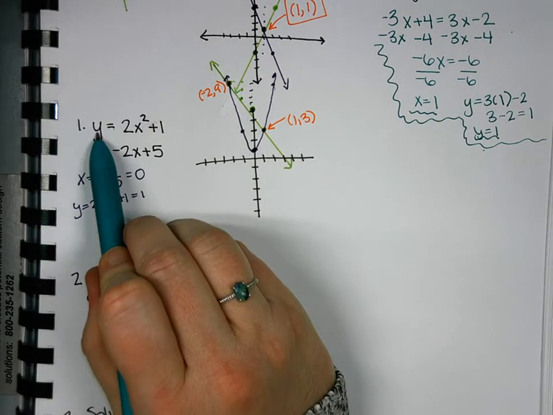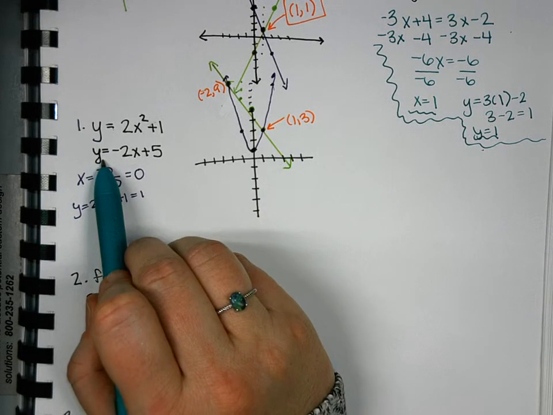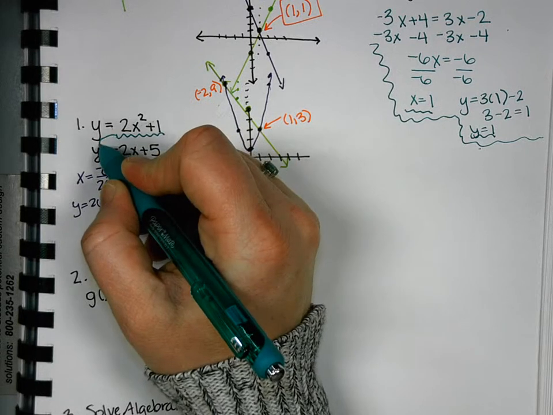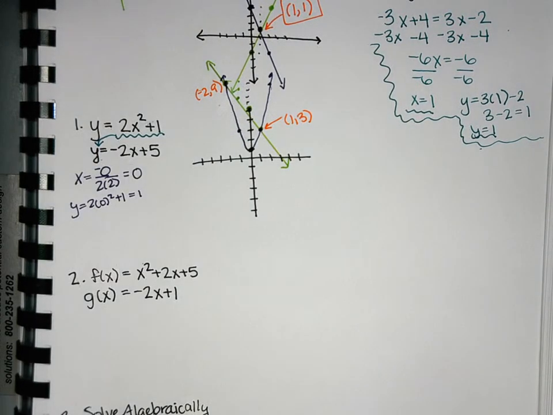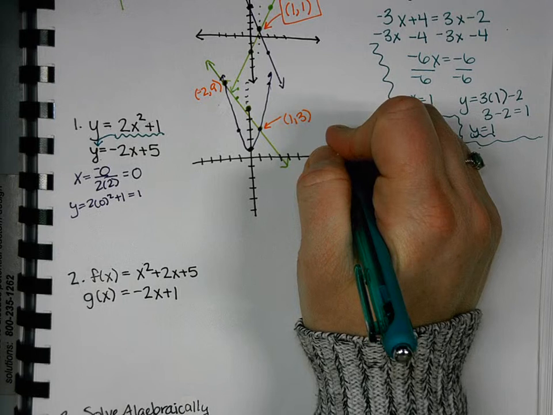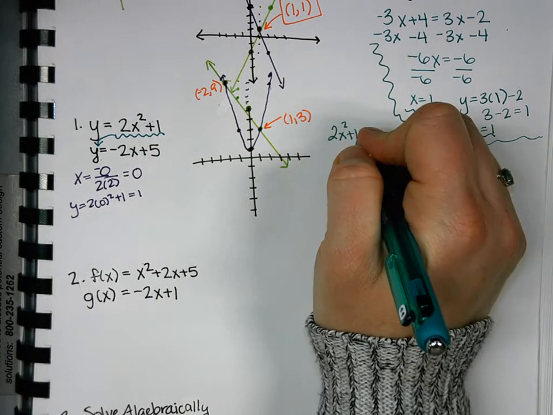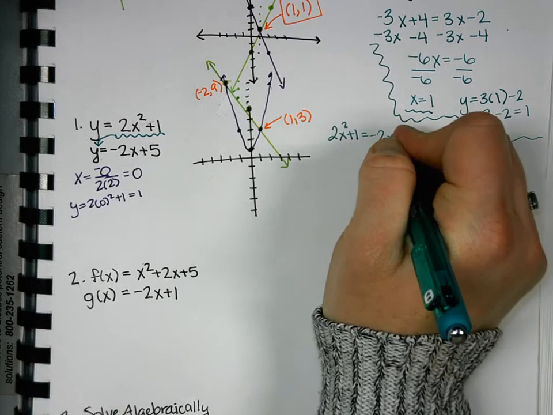Are both of these equal to y? Yeah. So that means I can take this 2x plus 1 and substitute it in for y in the second equation. So we're going to have 2x plus 1, 2x squared plus 1 equals negative 2x plus 5.